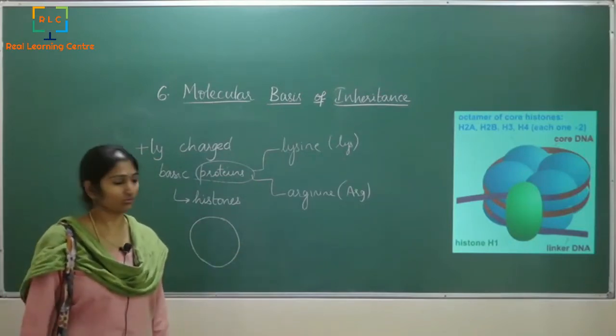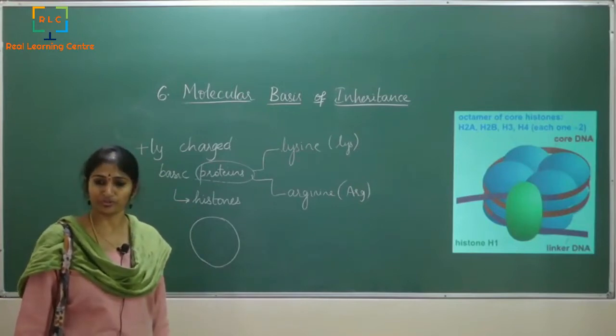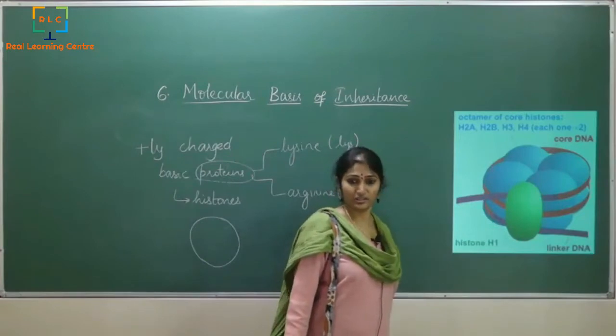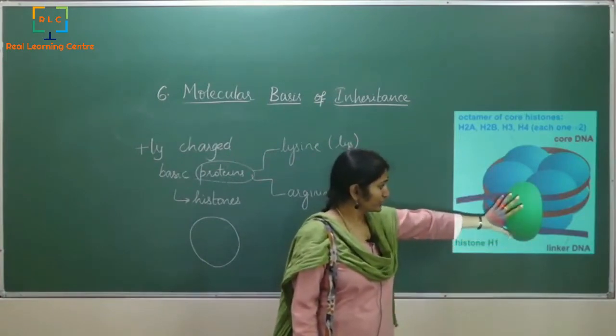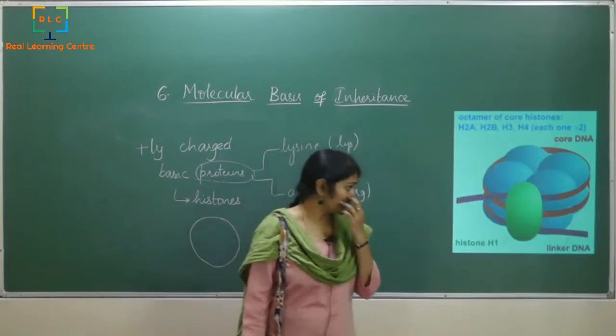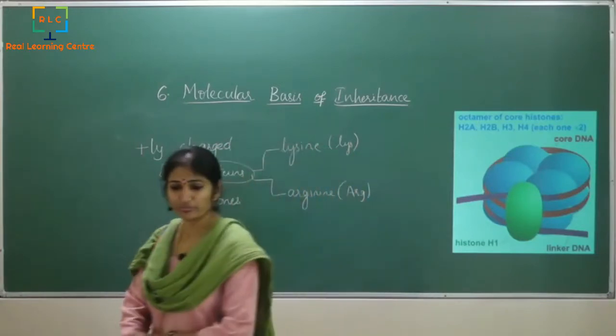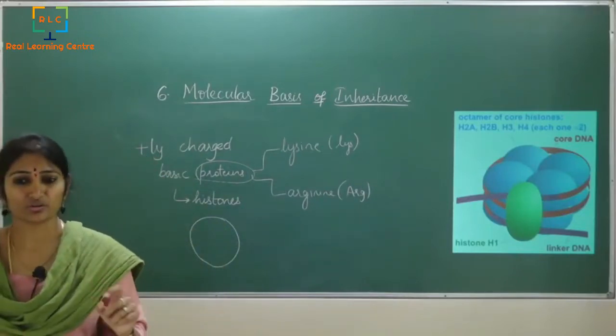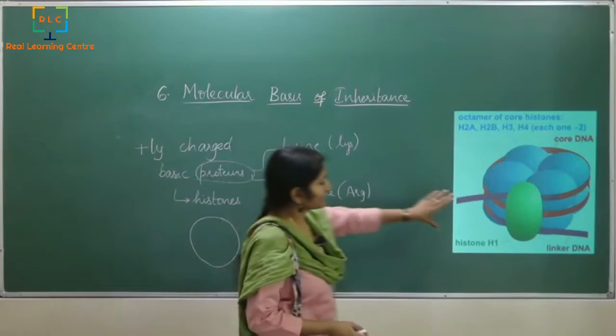Not very small though, it becomes small. Now, just to make sure the DNA does not come out easily, there is one more part of histone called the linker histone, H1. Now, this will see to it that it is held together.